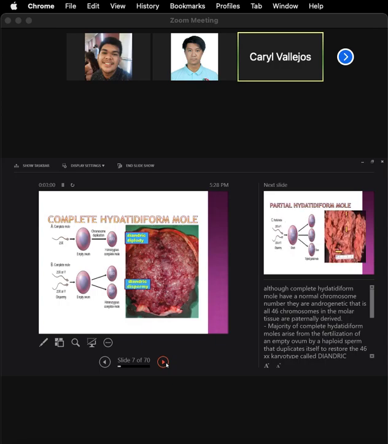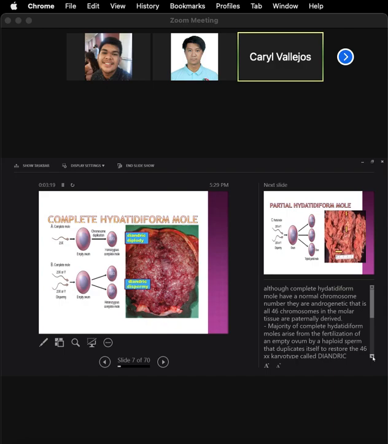So how did this happen? For the complete hydatidiform mole, they have a normal chromosomal number. However, they are androgenetic. That is, all the 46 chromosomes in the molar tissues are paternally derived.